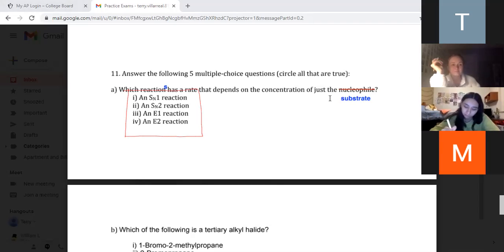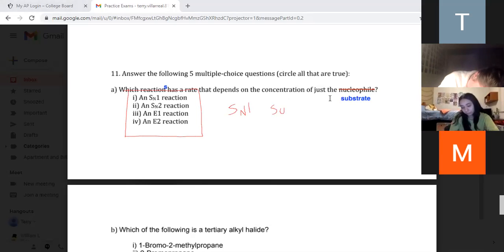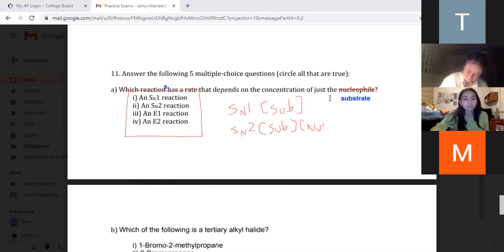Oh. Well, I thought the E1 there were like bases, but I guess SN1 depends on the concentration of the substrate by itself. SN2 depends on the concentration of the substrate and the nucleophile. E1 depends on just the concentration of the substrate.